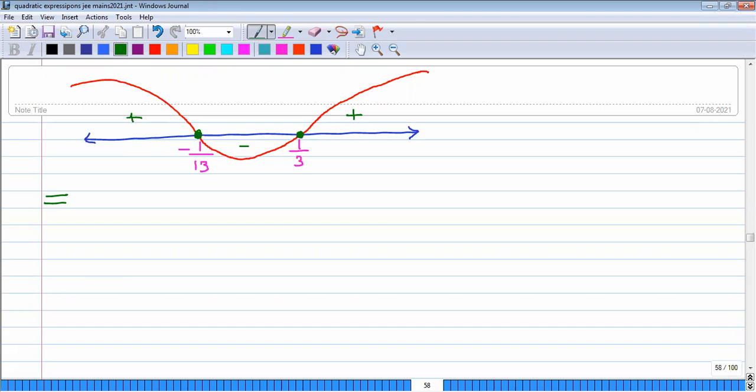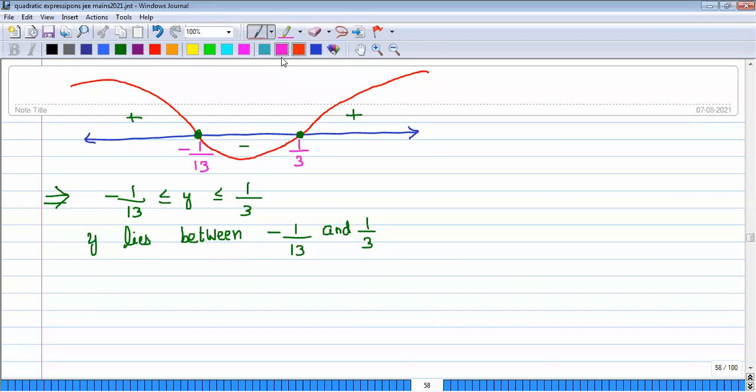So that implies minus 1/13 less than or equal to y less than or equal to 1/3. So y lies between negative 1 upon 13 and 1 upon 3. So therefore the range of the given function is minus 1 upon 13 comma 1 upon 3. So this is the answer.